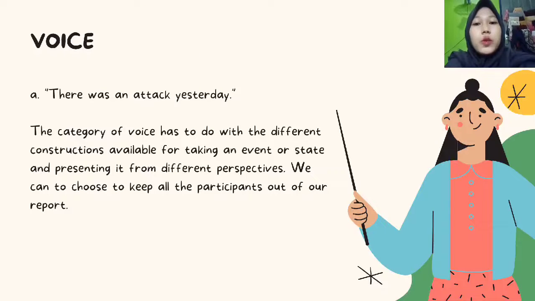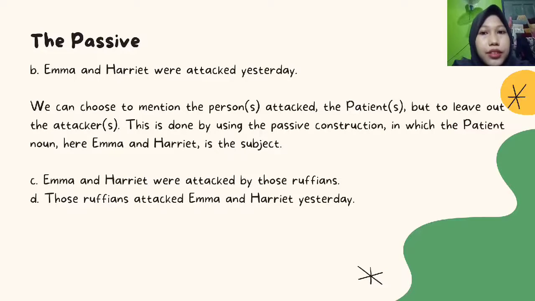Voice. A, there was an attack yesterday. The category of voice has to do with different constructions available for taking an event or state and presenting it from different perspectives. We can choose to keep all the participants out of our report. B, Emma and Harriet were attacked yesterday.